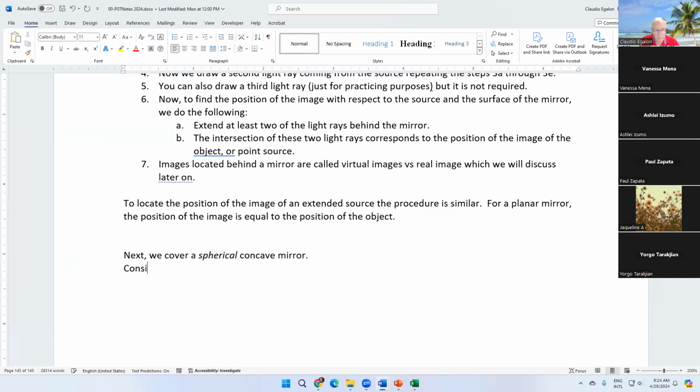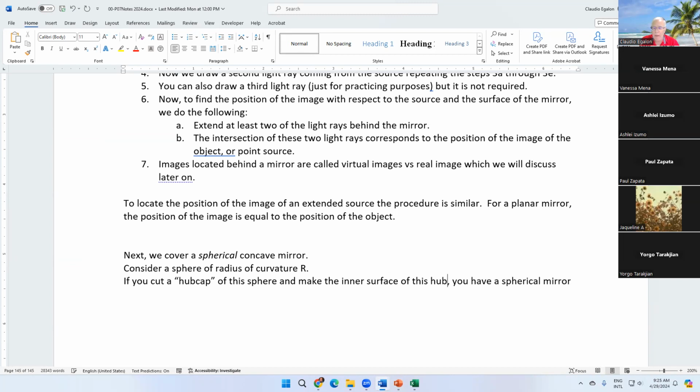So consider a sphere of radius of curvature R. If you cut a part, a hubcap, of this sphere, and make the inner surface of this hubcap reflecting, you have a spherical mirror.